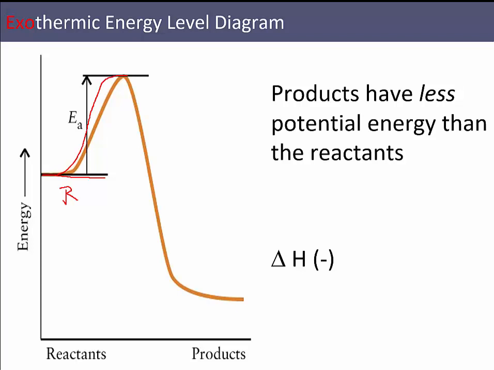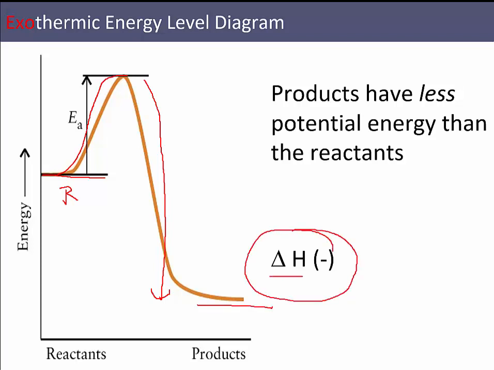That's going to kick up the molecules over this activation energy barrier. The energy would be released as you form the products, which have lower energy. And our delta H, or change in enthalpy, or our change in energy, is going to be negative, right? Because we've gone from high energy to low energy. So this is going to result in heat exiting the system.